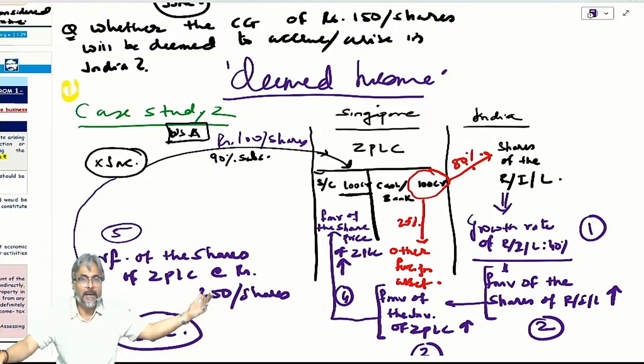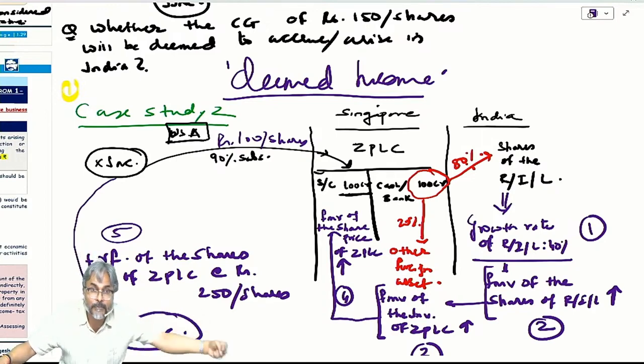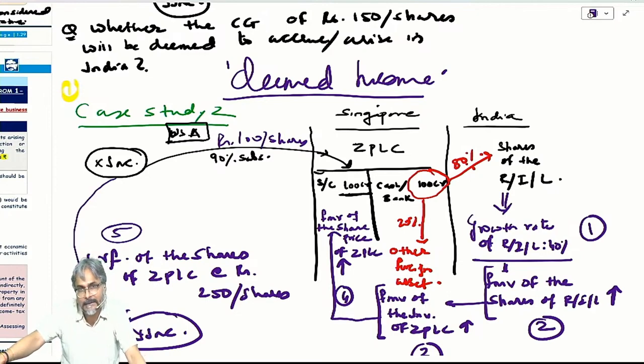So if you want to tax it by deeming provision, by showing the nexus, you need to show the nexus specifically in the provision itself. And if the provision is silent, it cannot be taxed.